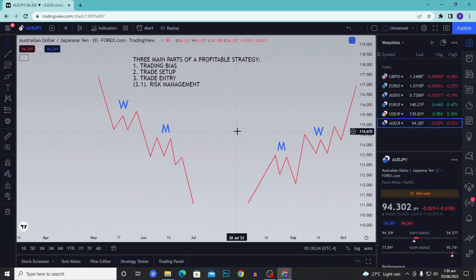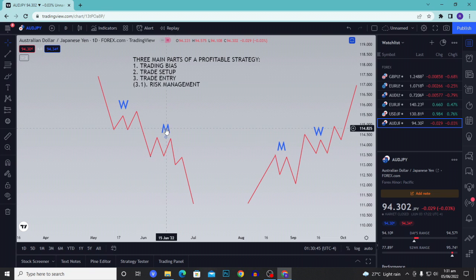We use both of those for our entry confirmation for the W trade setups. We wait for the cross of the 10 exponential moving average and the 20 exponential moving average. Wait for both of them to cross.